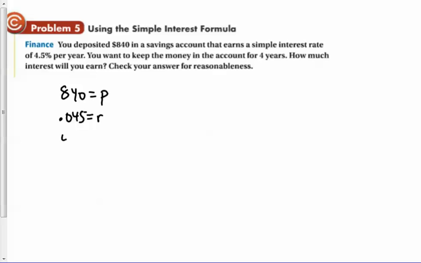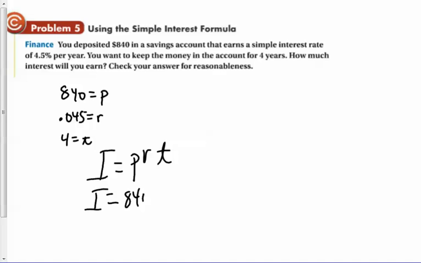So T is 4. Now I have that formula. The interest equals PRT. I don't know what I is. If I do 840 times 0.045 for 4 years, then I get 168.